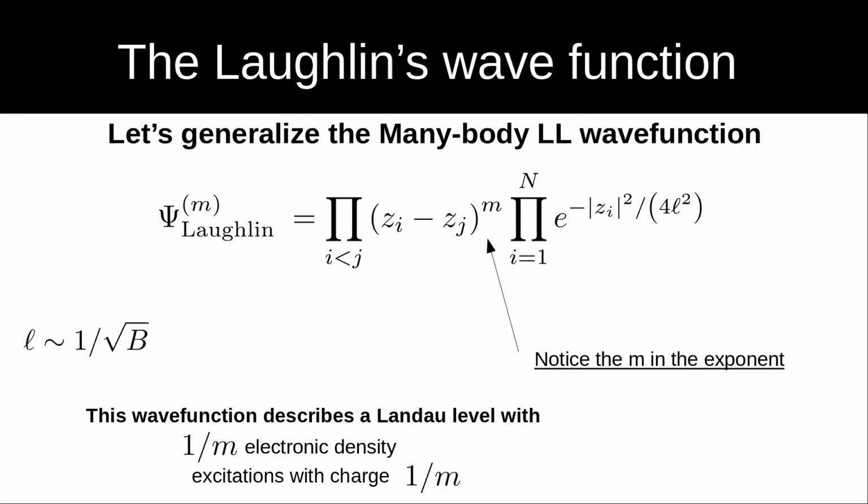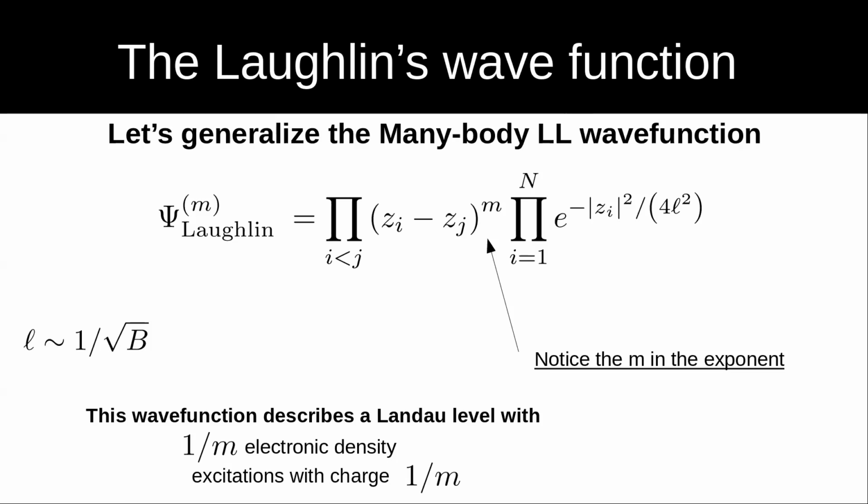And so the way to get a wave function like this is actually magically simple. You just need to take the wave function of the filled Landau levels, and instead of just having z_i minus z_j, you put a power m there. And the trick is that this power, of course, needs to be an odd power because otherwise your wave function is symmetric. But it has the following properties.